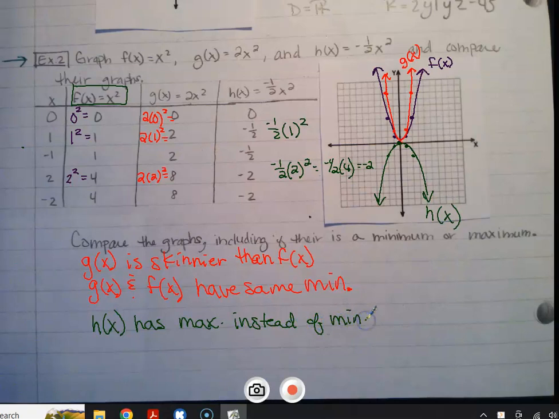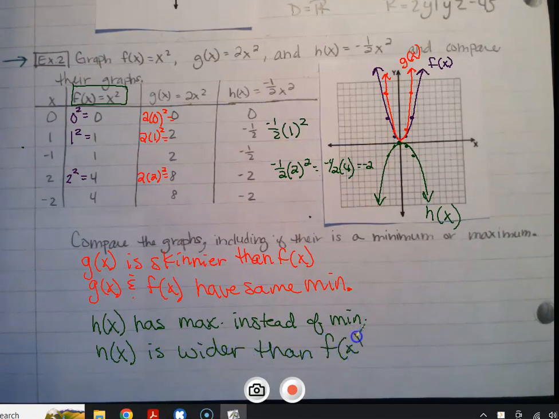We might have said that it flipped across the x-axis. Anything else about it? It's the widest. Okay, so it got wider than the other one, didn't it? So the h of x is wider than the f of x now.